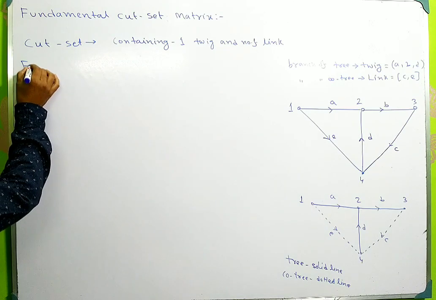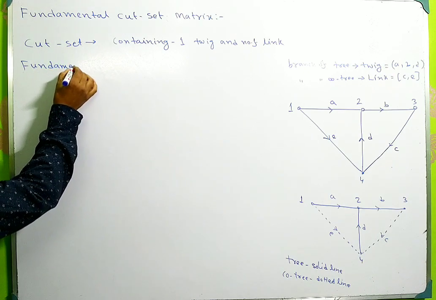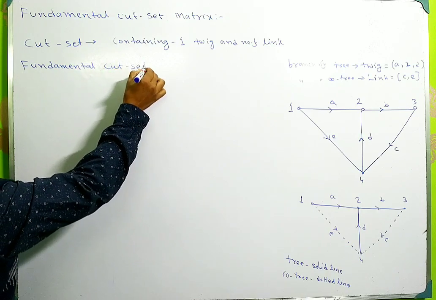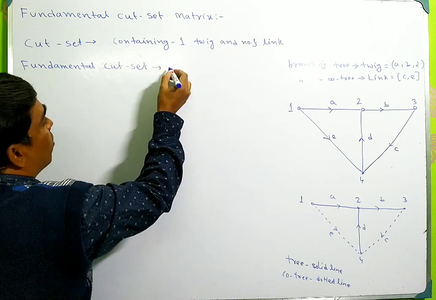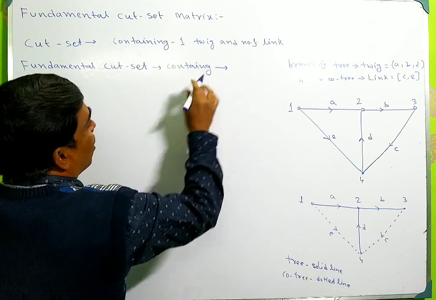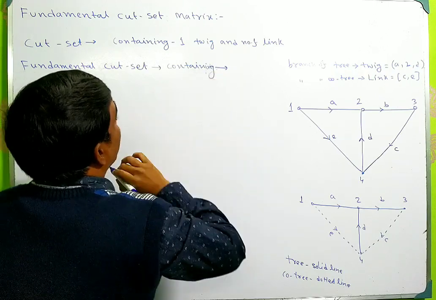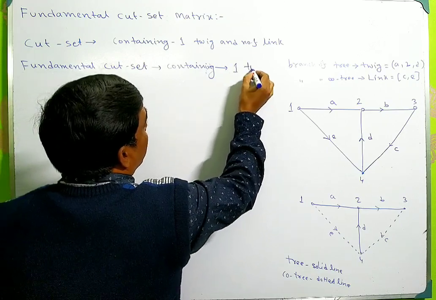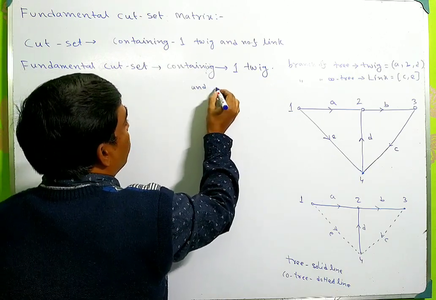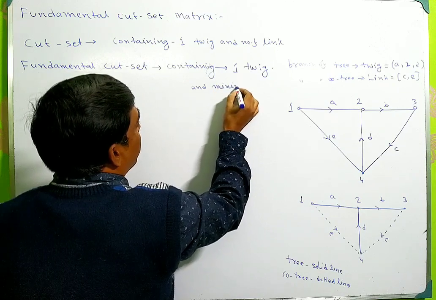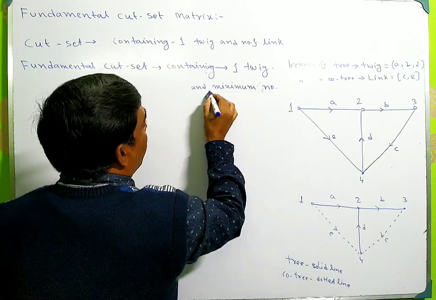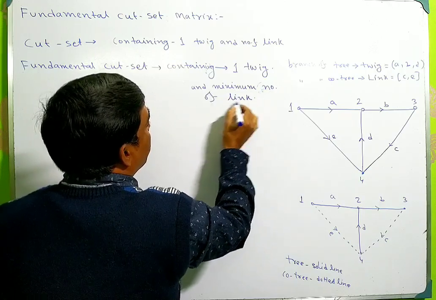But what will be the fundamental Cutset? A fundamental Cutset is a group of branches containing one twig, and a minimum number of links. So the links must be minimum.